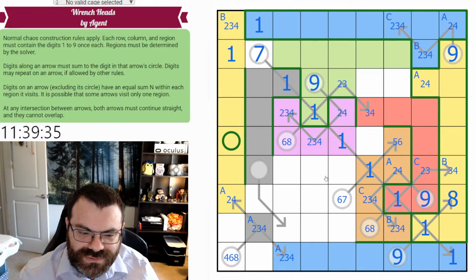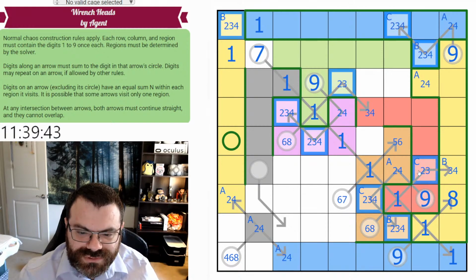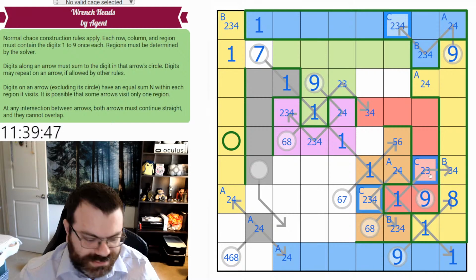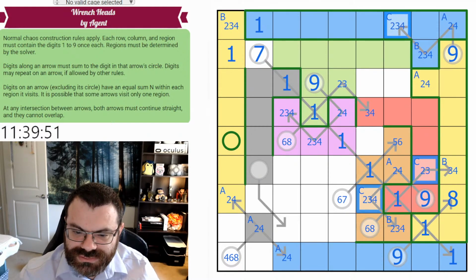C not 4. Ah, so wait. Yeah, so these are not threes. C not 4. Ah, C is not 4, true.